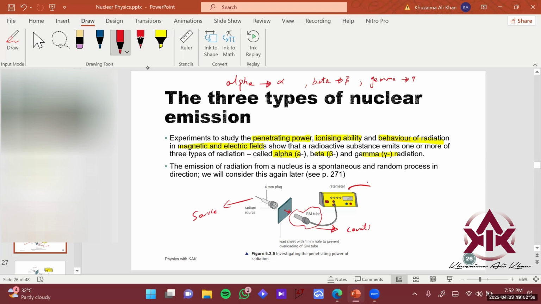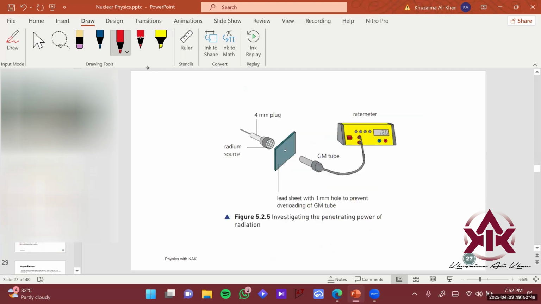And this is the rate meter which gives you counts per second or minute, right? ठीक है. Then this is the setup over here. So I hope it is clear over here. ठीक है. You can pause it and just see what is happening here.